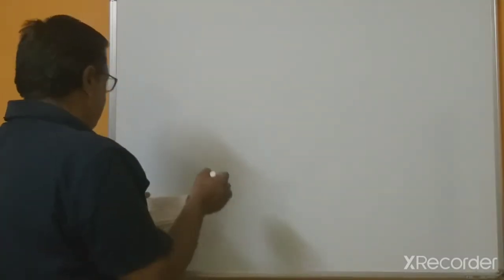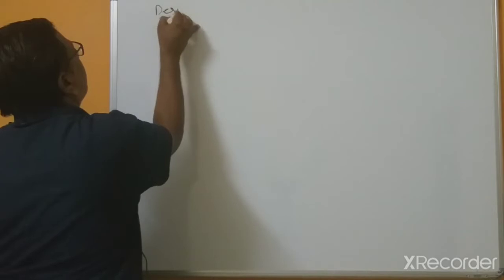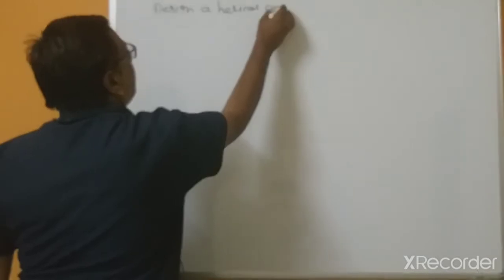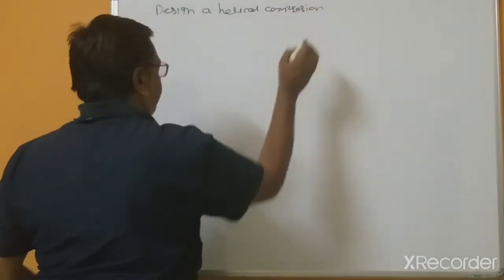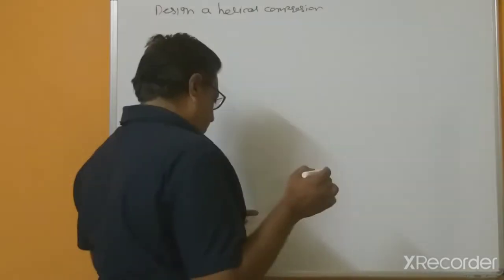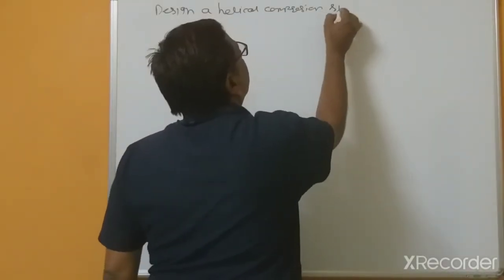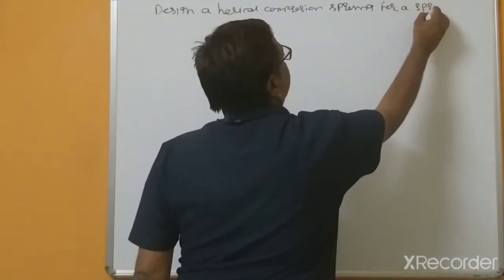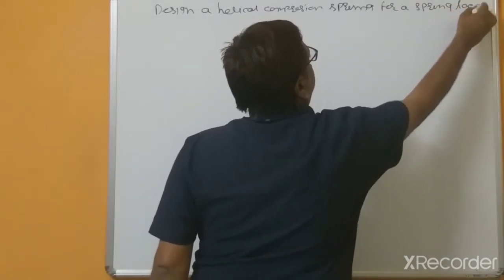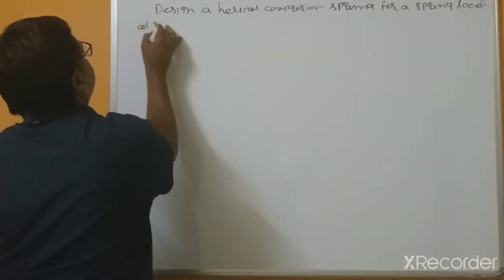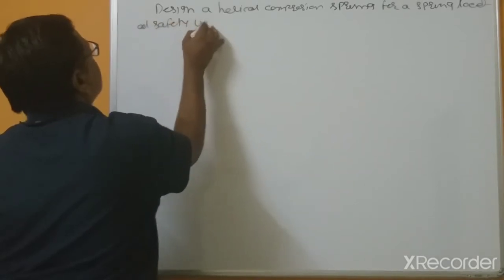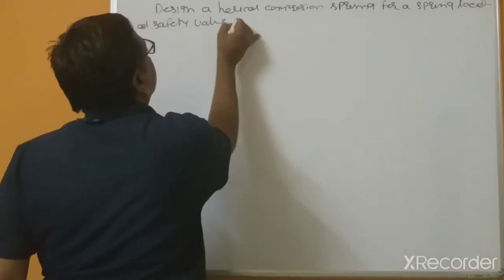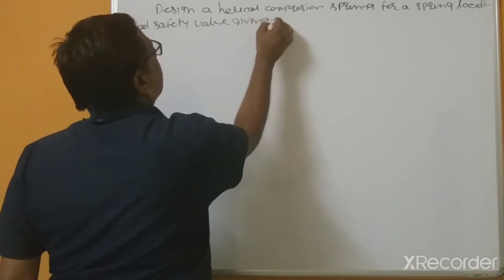So this is the problem: Design a helical compression spring for a spring loaded safety valve, given the following data.